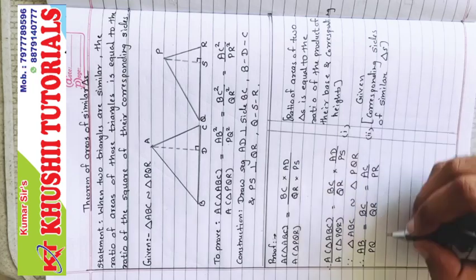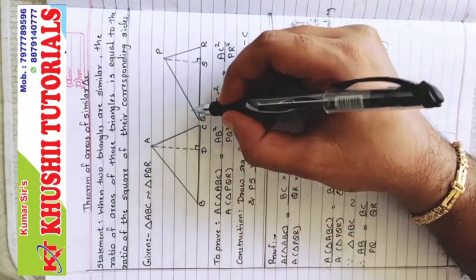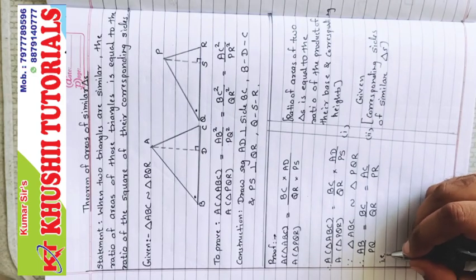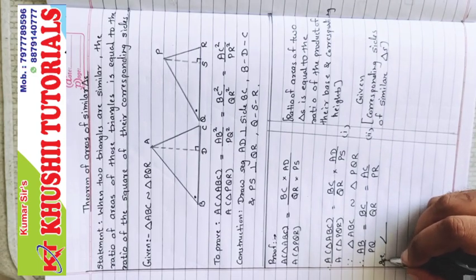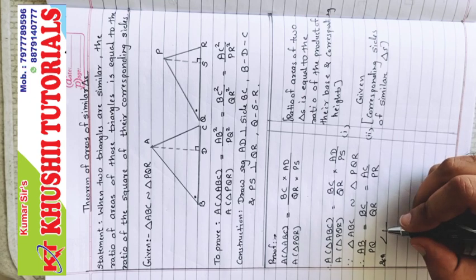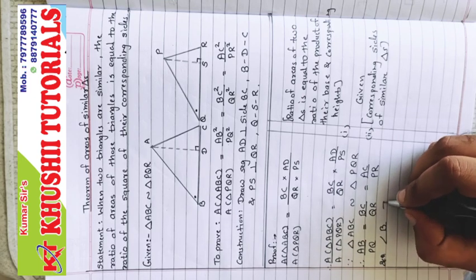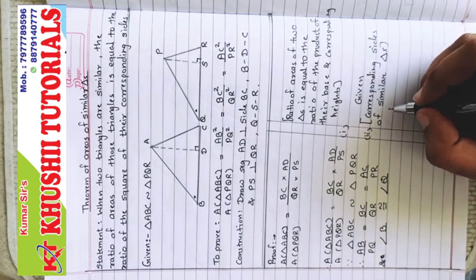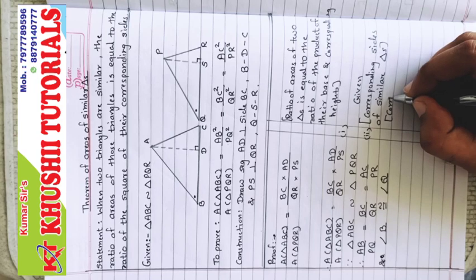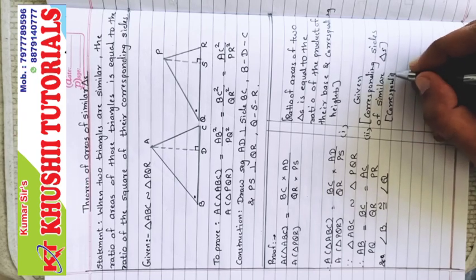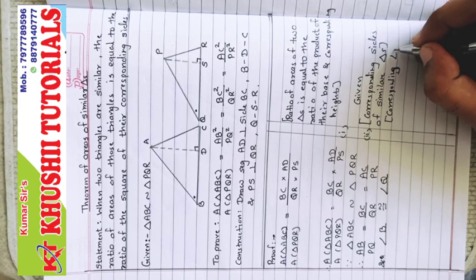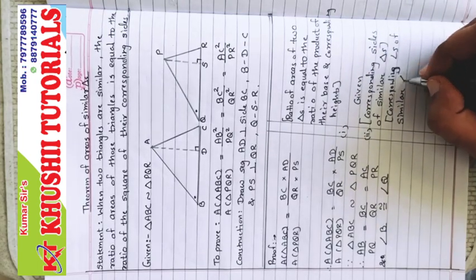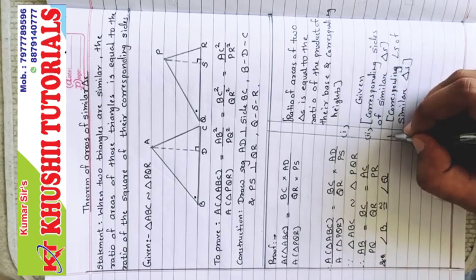Next, as sides are proportional, angle B is congruent to angle Q. Reason: corresponding angles of similar triangles. We'll mark it as 3.